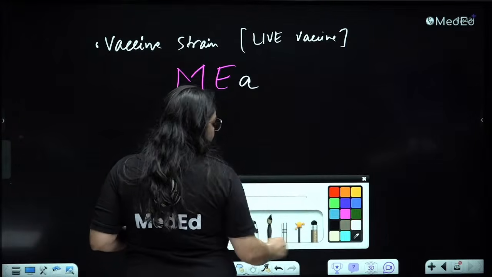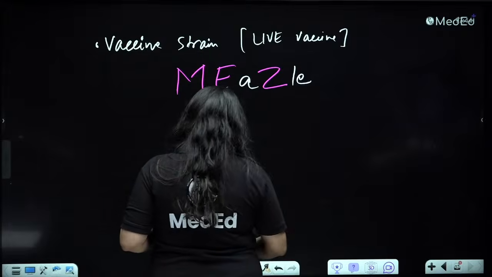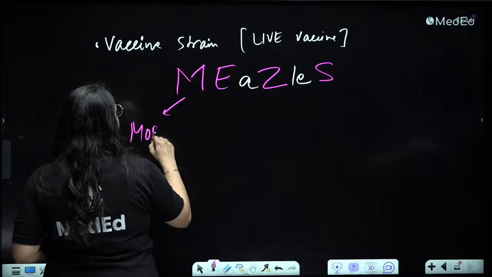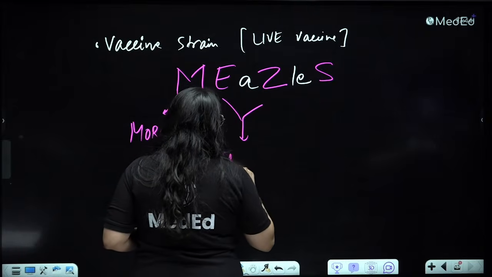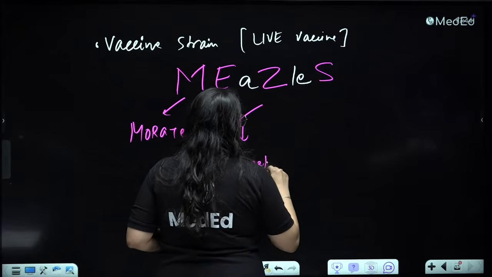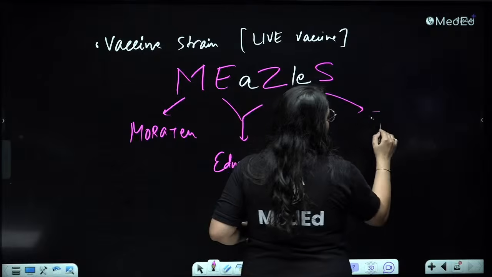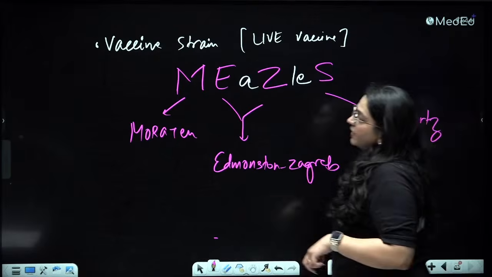It was measles itself. Measles, right? So Moraten strain, Edmonston, Zagreb strain, and the Schwartz strain. That is the vaccine strain.